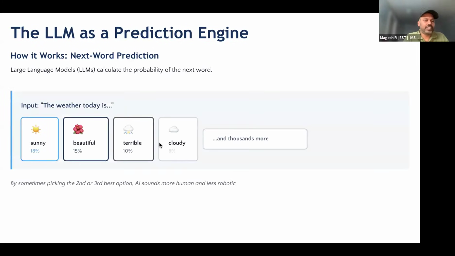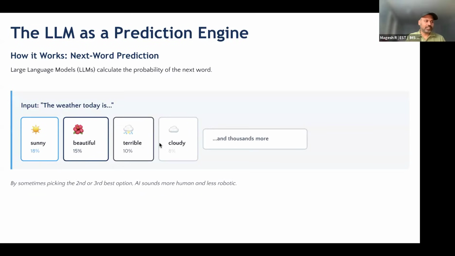Today, pretty much all LLM applications are very smart and handle this differently. But underlyingly, as a core model, when you ask it about the weather today, it will try to fill up the next word.